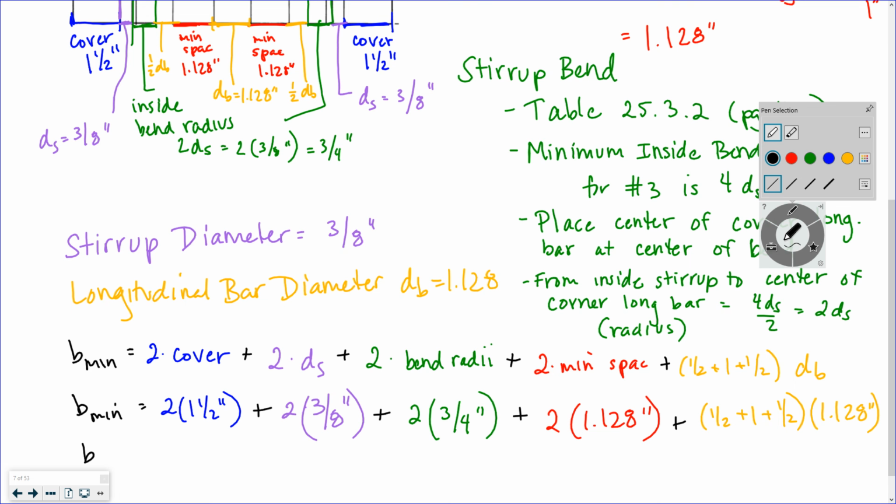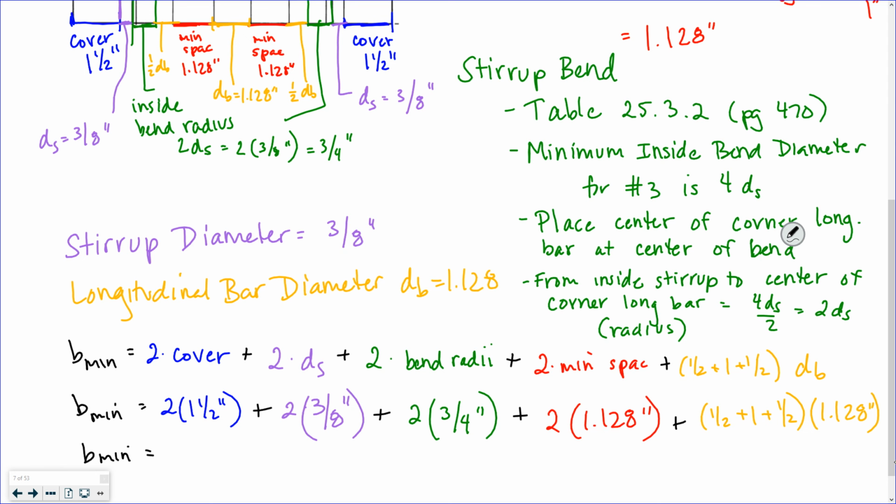So the minimum width of my beam, that's my minimum, is 9.76.